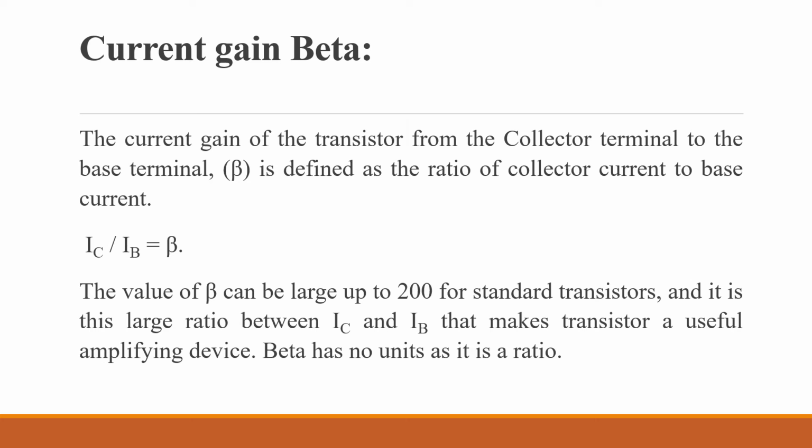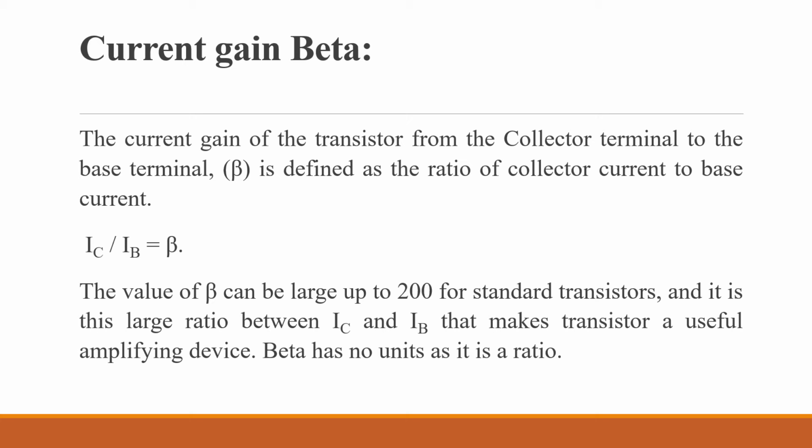So let us see now what is current gain beta. The current gain of the transistor from the collector terminal to the base terminal is defined as the ratio of collector current to base current. That is, IC by IB will give the beta, that is the current gain.